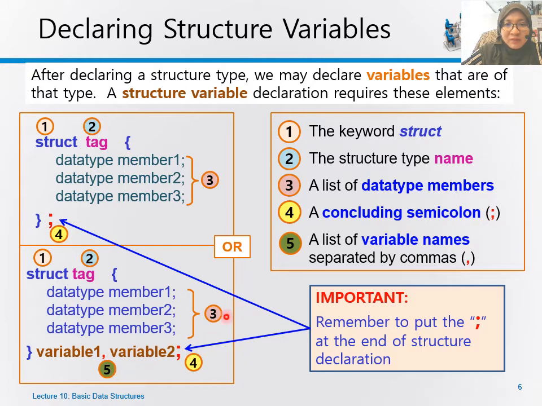Number 5, when you have a list of variable names, you separate them with commas. It's really important to close it with the semicolon. So we have 5 elements here.